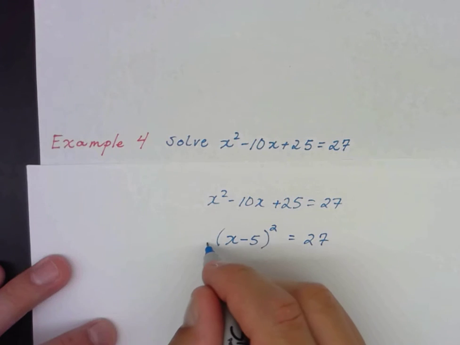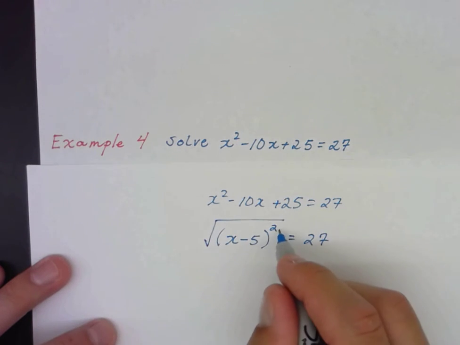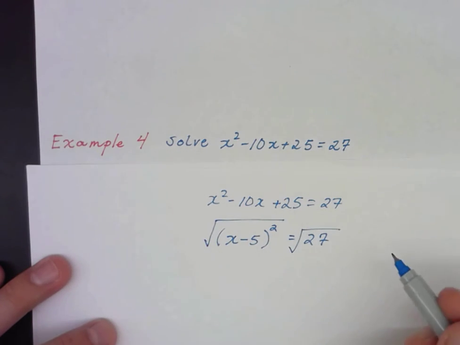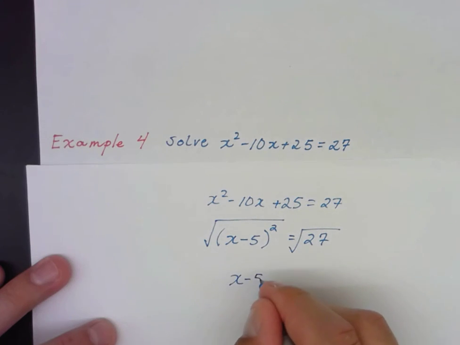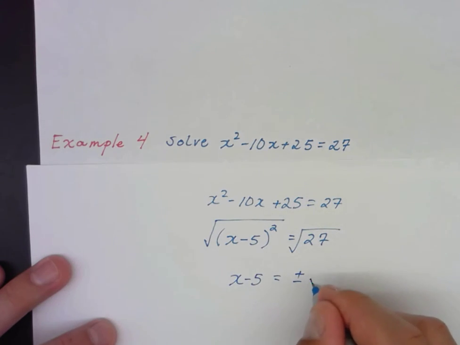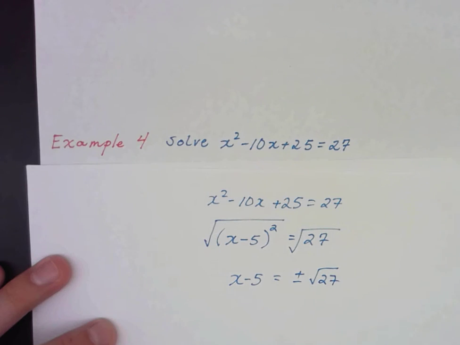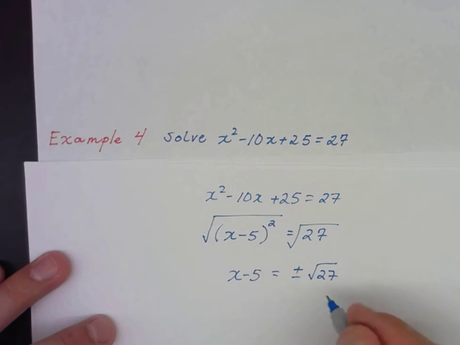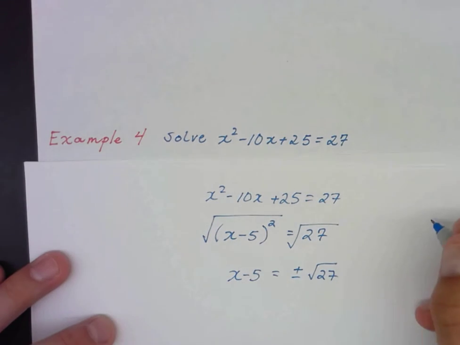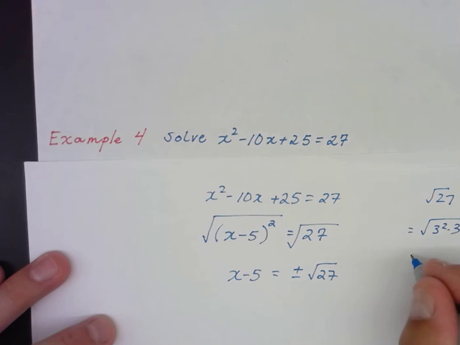Now to undo that square, we square root both sides, and we get x minus 5 equals plus or minus root 27. You can simplify root 27: it is equal to 3 squared times 3, which is just 3 times root 3.